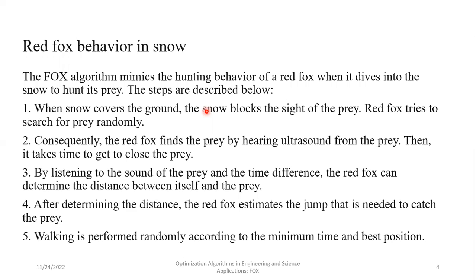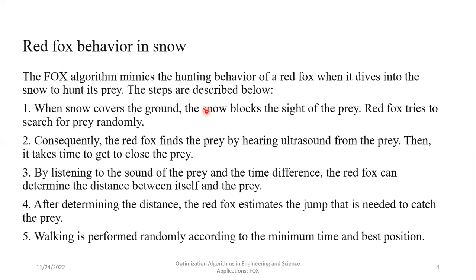Then it takes time to get closer to the prey. By listening to the sound of the prey and the time difference, the red fox can determine the distance between itself and the prey. Once the distance is determined, it makes a proper jump to catch the prey.